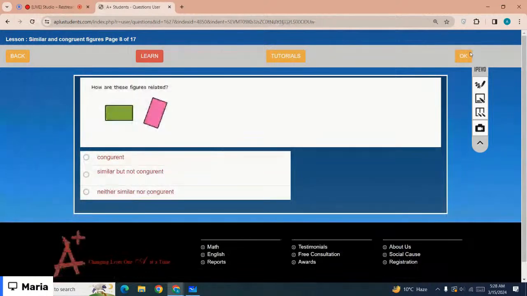How are these figures related? They are congruent, right? The correct option is congruent.